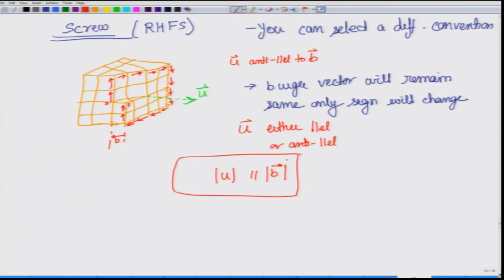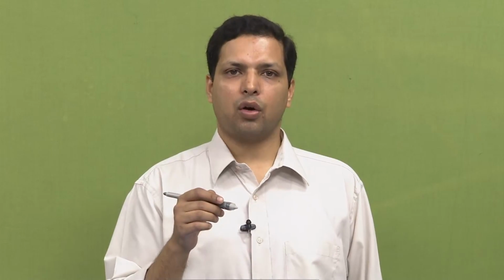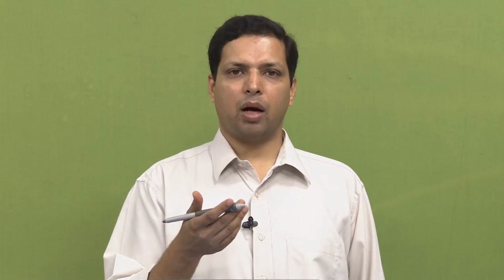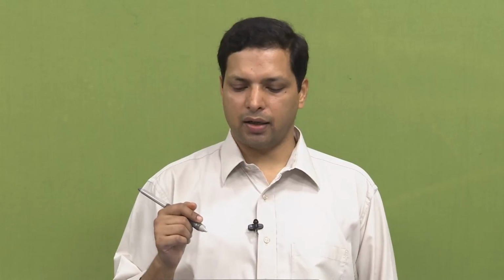Another thing you have to realize here is that this is called a right handed screw. What is a right handed screw? Let us look at the screw along the axis. If you go through one clockwise revolution and you come out one plane, then it is called a right handed screw.